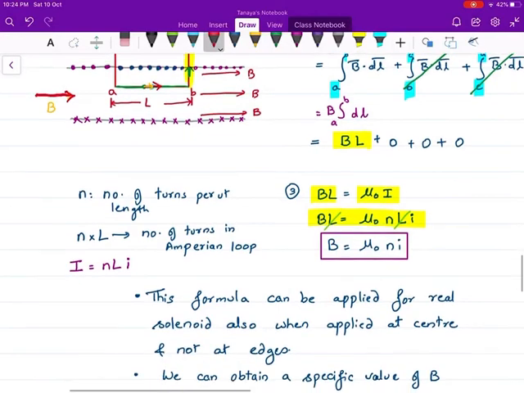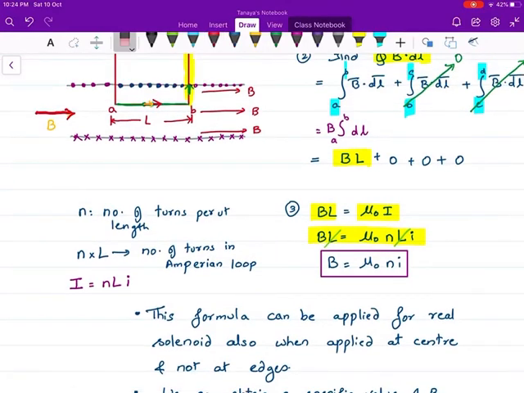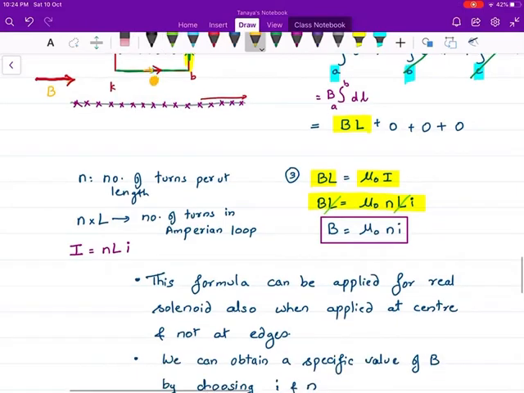Okay, so this formula is for an ideal solenoid, is it not? We have derived it for an ideal solenoid because we have considered the magnetic field outside the solenoid to be 0. But we can apply this formula for a real solenoid also, provided we are using it at the center. At the center means over here. If we are finding the magnetic field at the center of the solenoid, yes, we can use this formula.